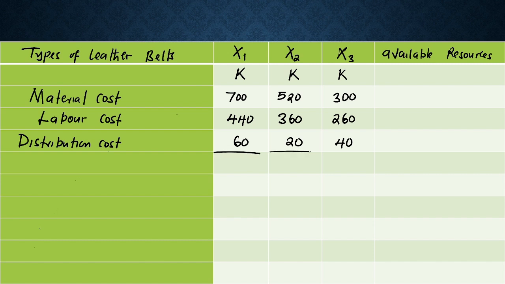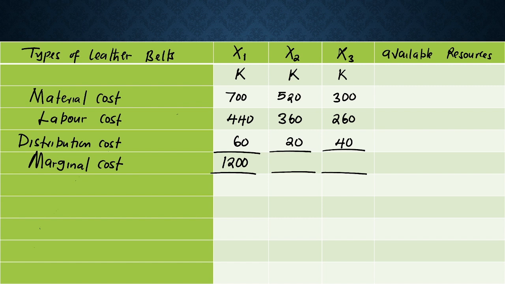So we're going to find the totals. Well, we're going to say the marginal costs. So when you add for x sub 1, that is 700 plus 440 plus 60, we're going to get 1,200.